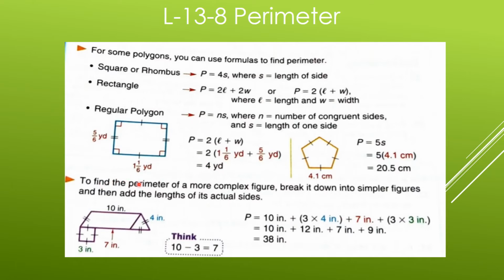To find the perimeter of a more complex figure, that means these are simple figures. If all sides are equal, you multiply by the side and you can find the perimeter easily. But if a different type of shape is there, for example, you can see here this and this are all equal and all are 4 centimeters, because it is written here 4.